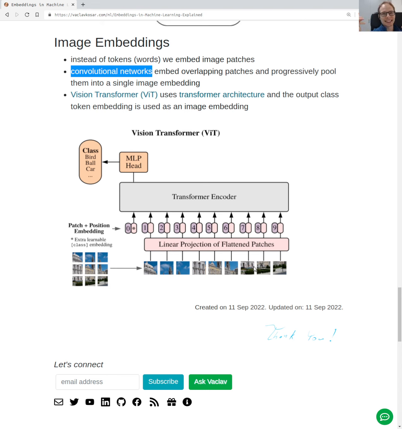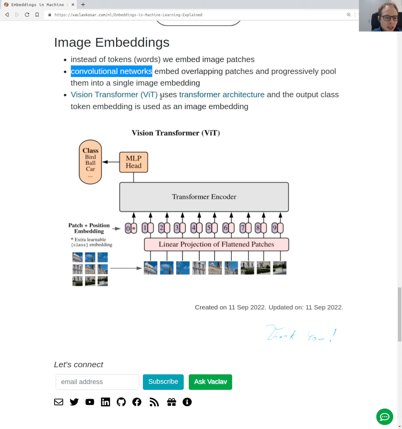So input is square patches, and output is a square matrix as well. And then in convolutional neural networks, they progressively pool them, because they do again another overlapping tokenization of patches on top of that. They have this pyramidal structure in the neural network, these convolutional networks like ResNet.